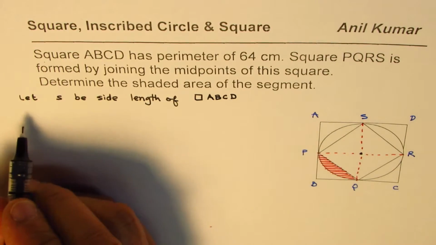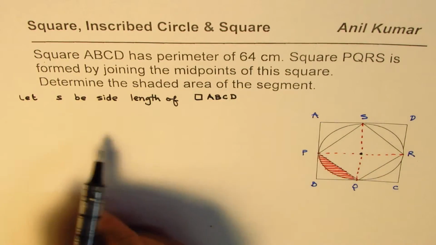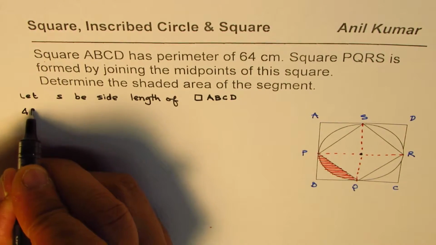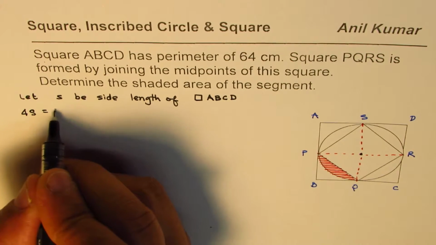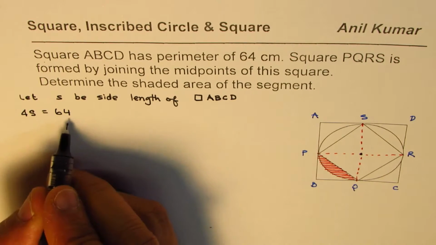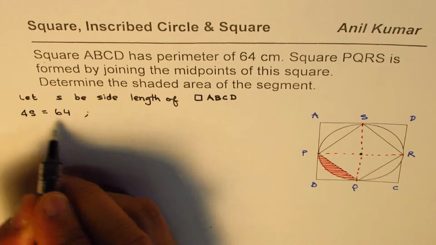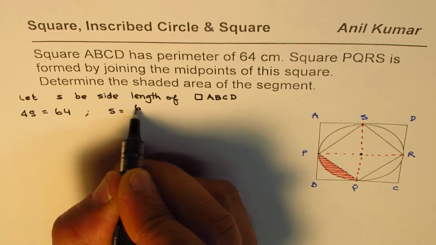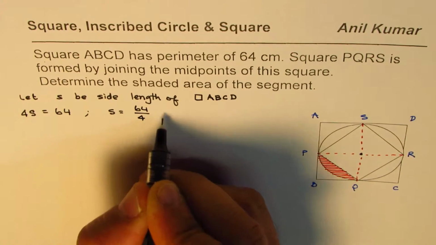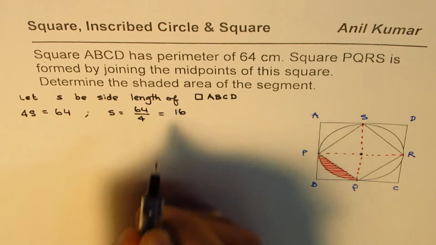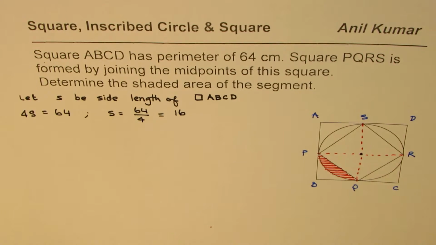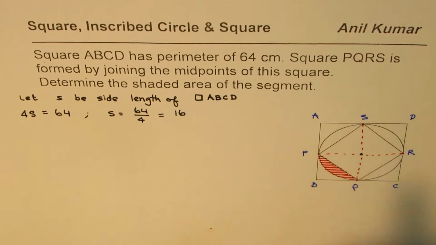In that case, the perimeter is 64, that means 4 times S is equal to 64. Dividing by 4, we get S equals 64 divided by 4, which is 16. So 16 centimeters is each side.